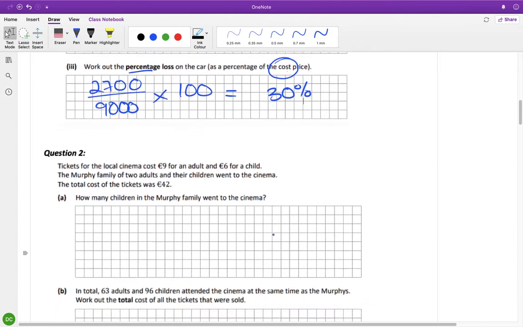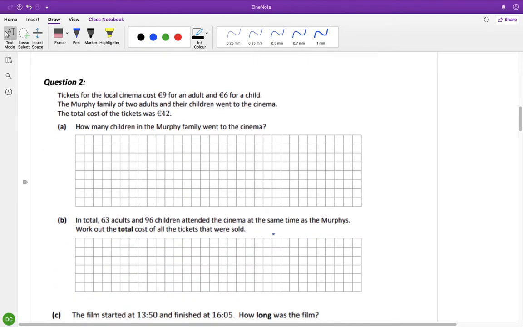Okay, so on to question 2. Tickets for a local cinema cost €9 for an adult and €6 for a child. The Murphy family of 2 adults and their children went to the cinema. The total cost of tickets was €42. How many children were there?